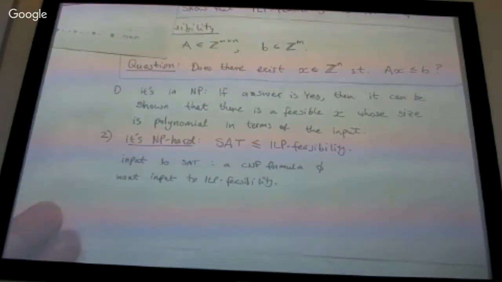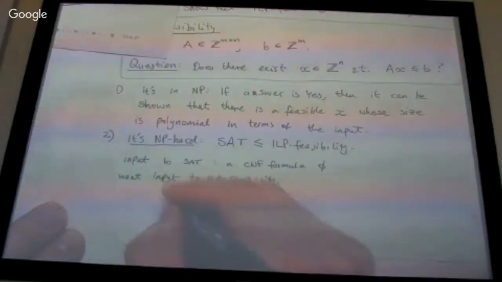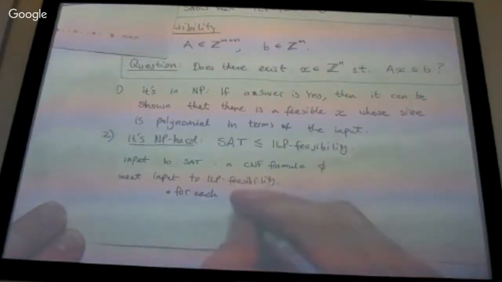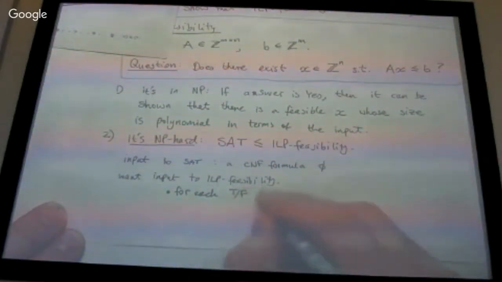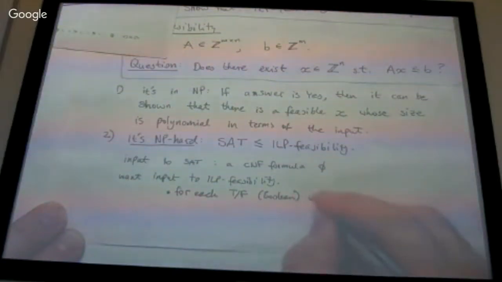So I won't write it in the matrix form. I'll write it just as constraints. So for each true-false Boolean variable, what do we call them?